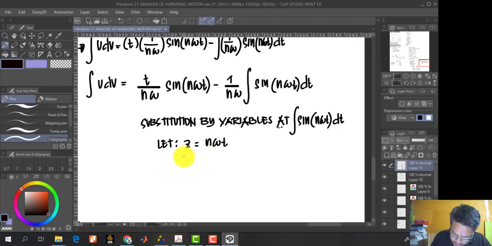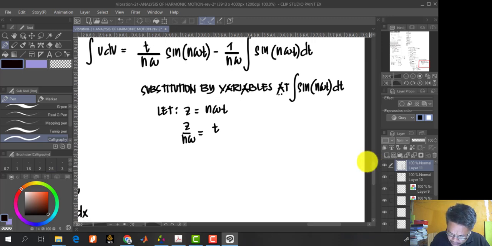And I can rewrite this one as n angular velocity, and this is my t. Okay, and again, I can differentiate both sides here, so that we can substitute that in the equation later on.